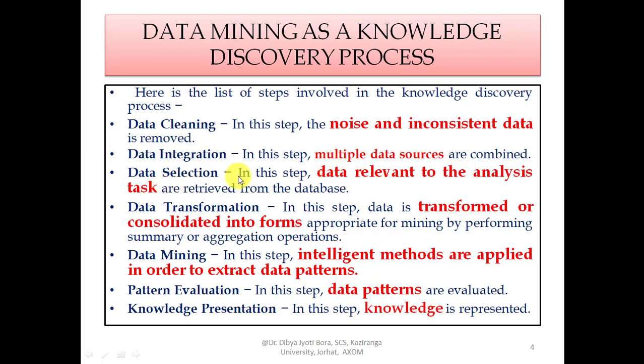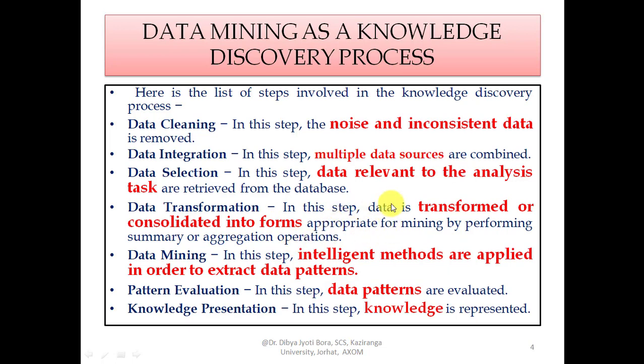So in data selection, we select only the data that are important, or relevant, to our current analysis tasks. Clear? Then data transformation. Data transformation means what? Here data is transformed or consolidated into forms appropriate for mining by performing summary or aggregation operations.